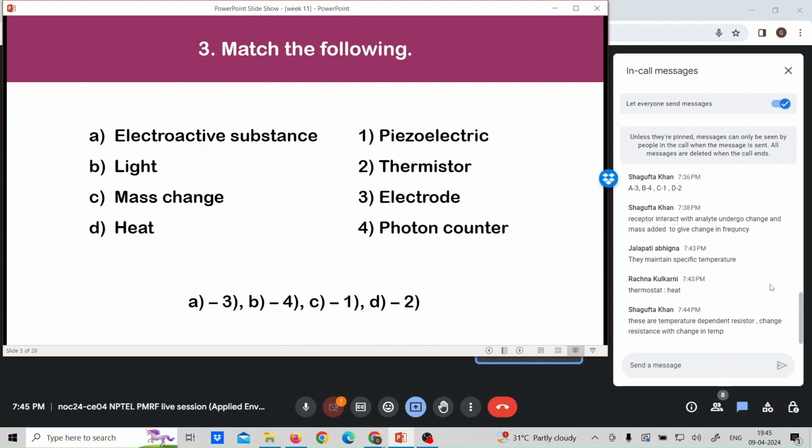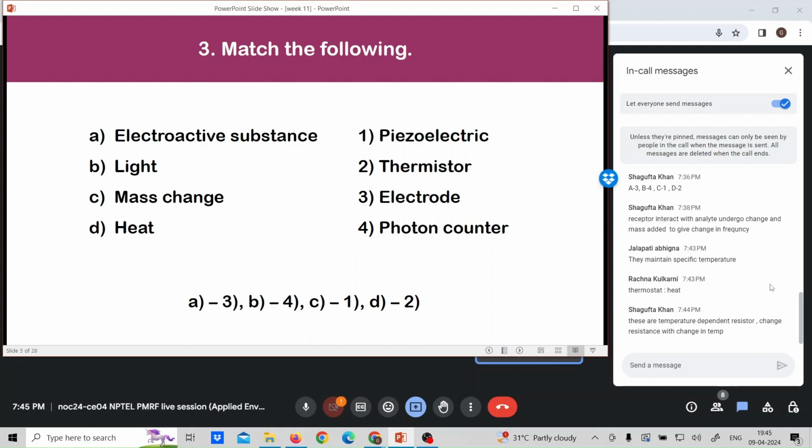As you all know, electroactive substances are substances which can either accept or donate electrons. This electroactivity works with many things around us, not only with chemicals. Even in biology, we have electroactive substances.